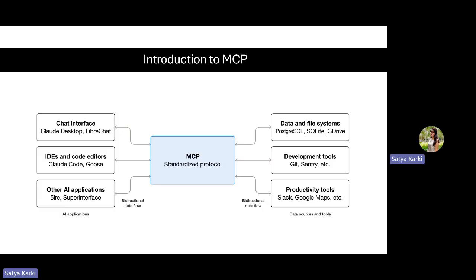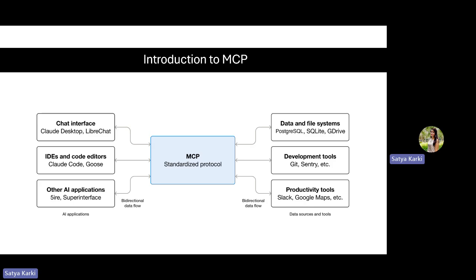Now let me walk you through the diagrams for an introduction and a clear understanding of MCP. MCP is a standardized protocol, as you can see in the diagram. On the left-hand side, there are the AI applications, the chat interfaces such as Claude Desktop, LibreChat, or GitHub Copilot, and ChatGPT or some other chat interface, some IDEs and code editors, Claude Code, Cursor, Visual Studio Code, or Visual Studio.